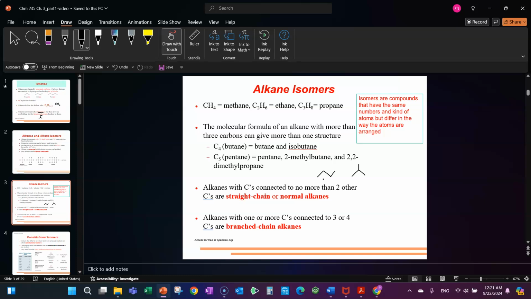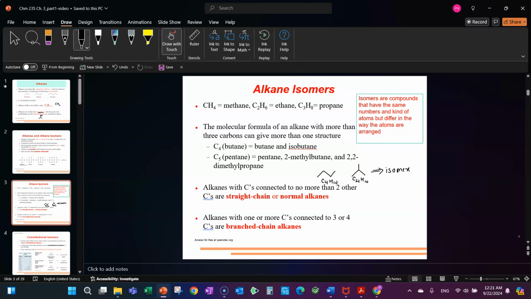If you look at this, both are C4H10. However, the way the atoms are arranged is different. This looks more like a branched chain, and this is a straight chain. These would be examples of isomers.